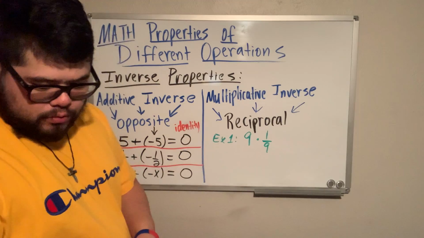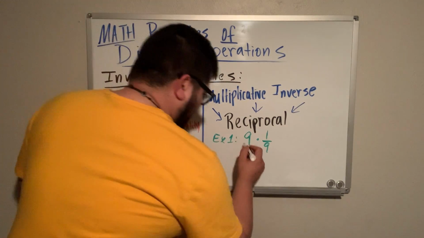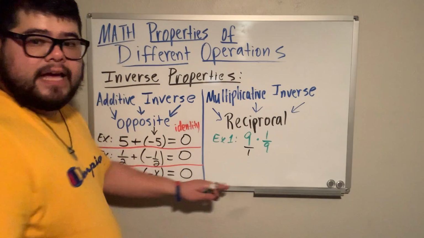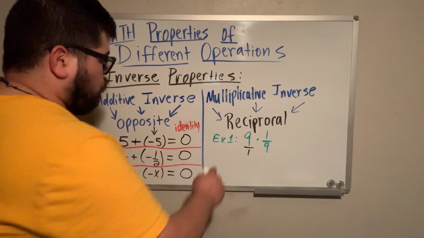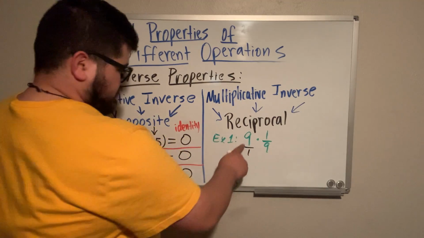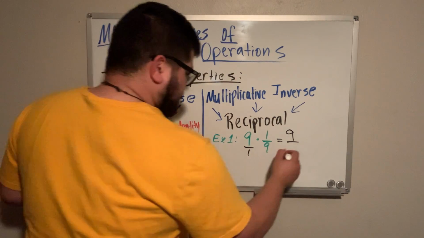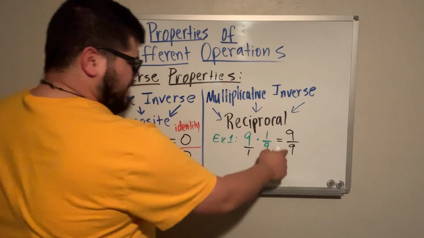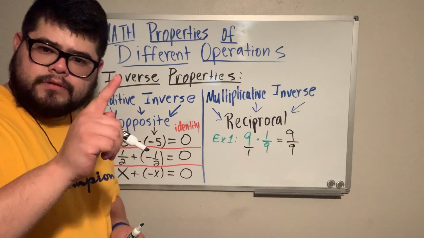Now, like we said before, we can write 9 as 9 over 1. I'm not going to leave it like that, but you can write that. And remember, we multiply across for multiplying fractions. 9 times 1, what do we get? 9. 1 times 9, we get 9. What's 9 divided by 9? 1, right?